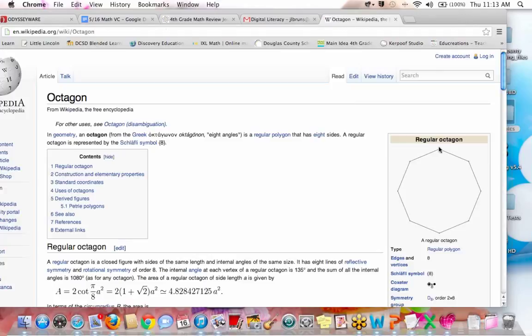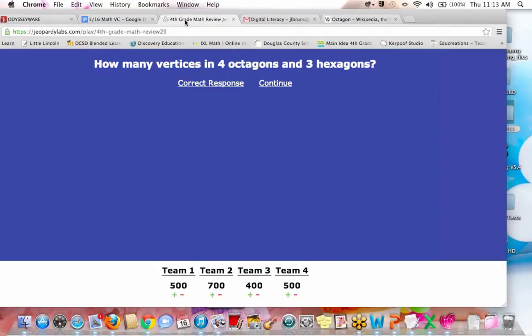So how many vertices are there in an octagon? 1, 2, 3, 4, 5, 6, 7, 8, right? So then it's probably pretty easy for you to figure out that in a hexagon there's going to be 7 vertices. Just kidding. 6. Yeah, hexagon means 6.